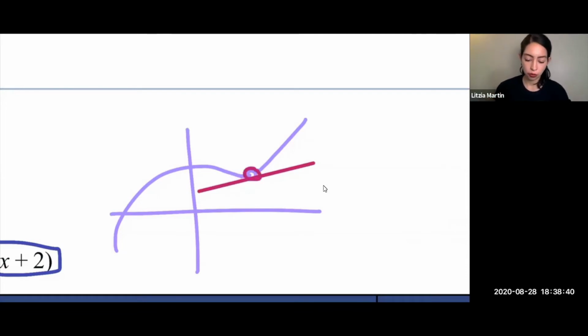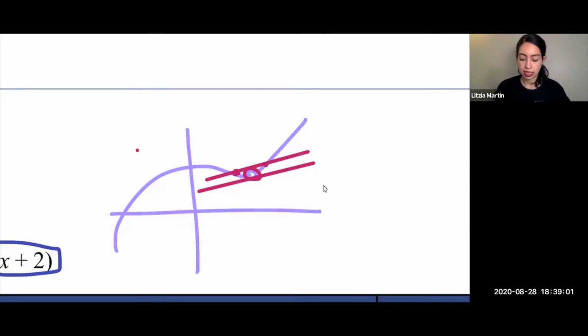But if we were to draw a secant line sufficiently close to the point we're trying to find, as it's approaching, getting closer and closer to that tangent line point, notice how the secant line is still, whoops, drop that there.